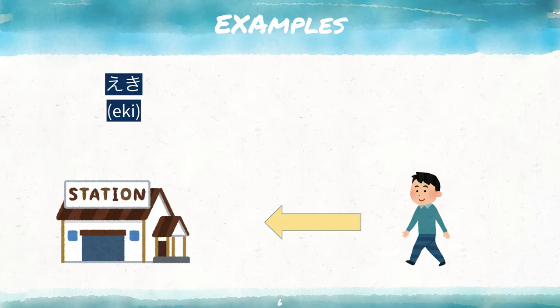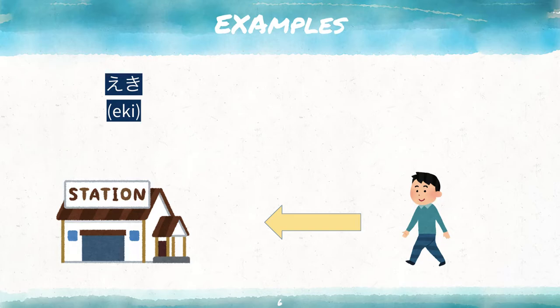So let's use examples because so far it's very complicated if you're doing it from scratch. As you can see from this picture, this man is walking to the station, and station in Japanese is eki.